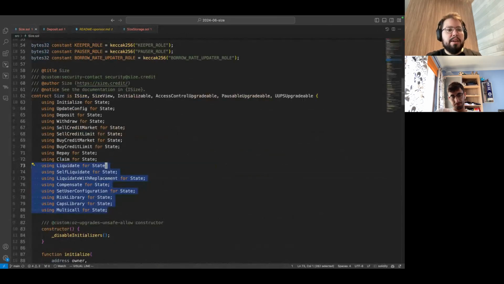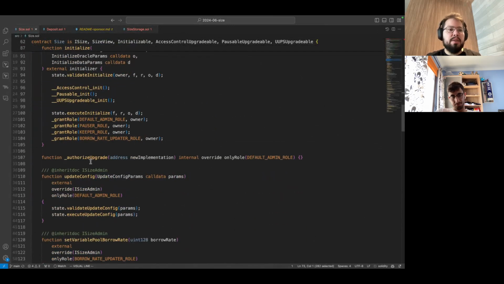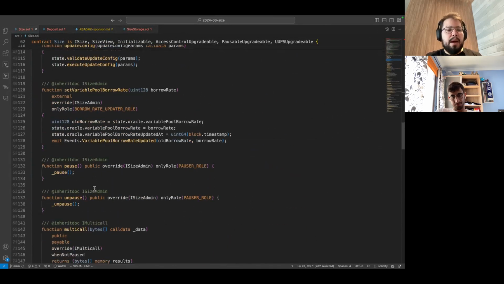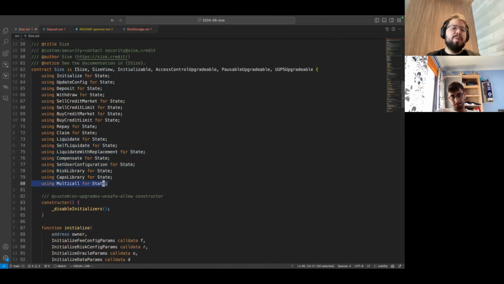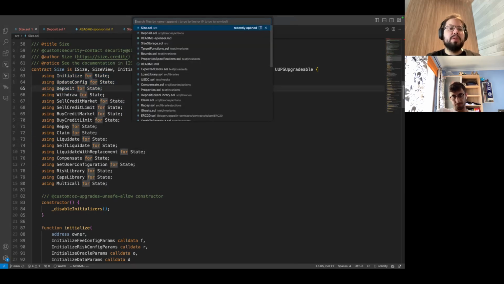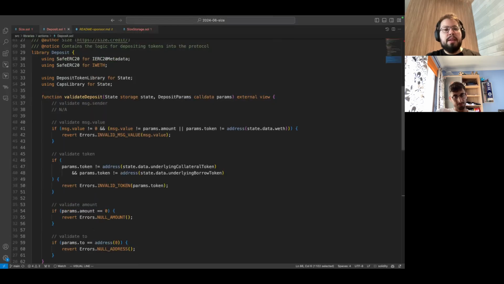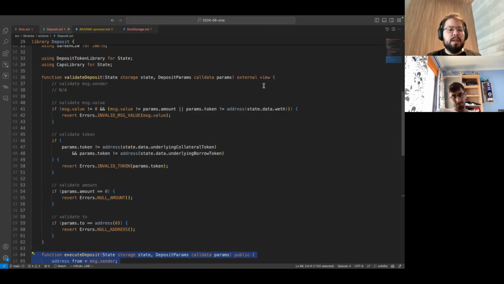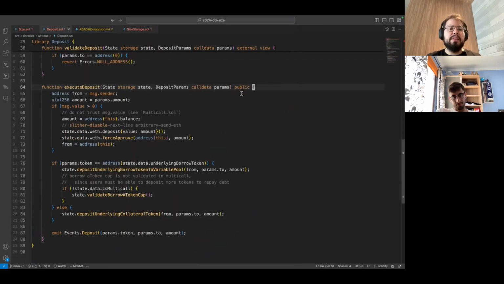And as you can see here in the Size entry point, all libraries apply on the state struct. So for example, when you are doing a deposit, we do using Deposit for State, and then here there's the validation, and then there's the execution.